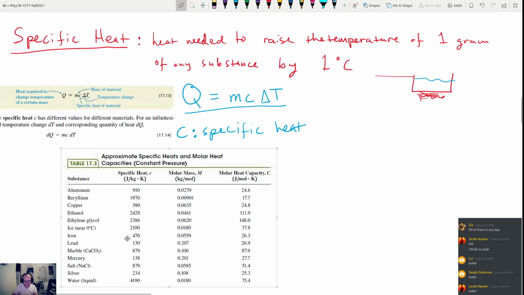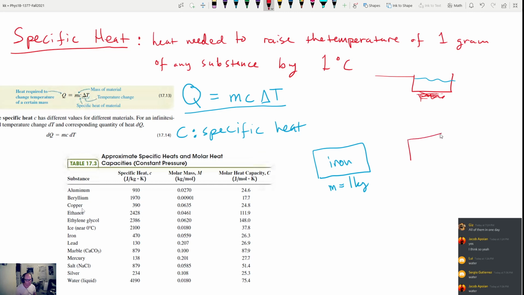So we're going to take a couple of these as an example. Let's use aluminum and iron. Those are good ones, I think. So what does specific heat mean? It means, suppose that I take a block of iron, okay? And just to keep things really simple, let's say I have a mass of iron that's equal to 1 kilogram, okay? And in a separate region where these aren't going to touch each other, I have a mass of aluminum, so we'll just put Al for aluminum, also with a mass of 1 kilogram, just to keep things simple.